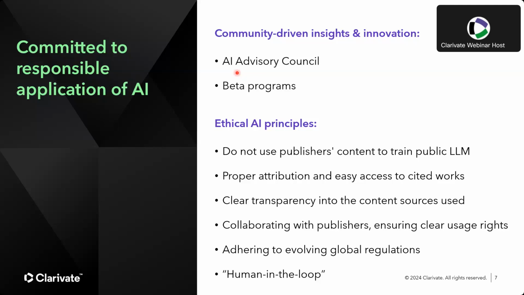You'll see that in the research assistant, when you get a result, there is proper attribution and easy access to the works, the references. Something that is quite well known with large language models is hallucination. It creates content that looks good, but in reality, it's really bad. Something that I tried myself: you do a literature review and it retrieves an article which looks good.